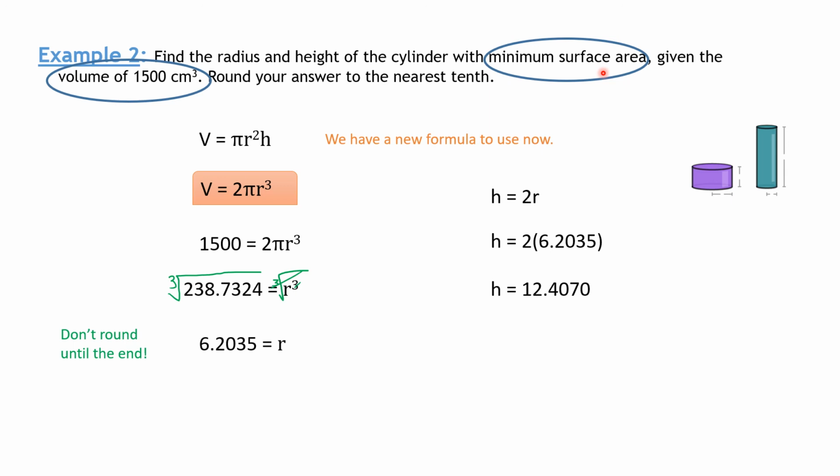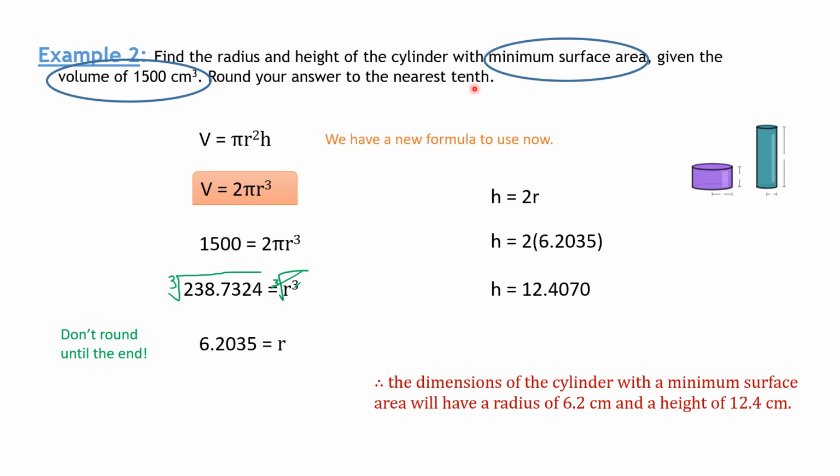So now we have our dimensions, and now we're going to round to the nearest tenth. The dimensions of the cylinder with the minimum surface area will have a radius of 6.2 and a height of 12.4.